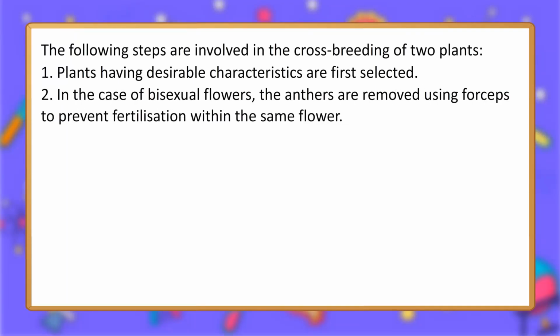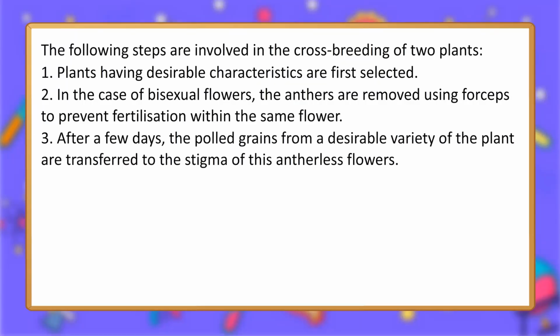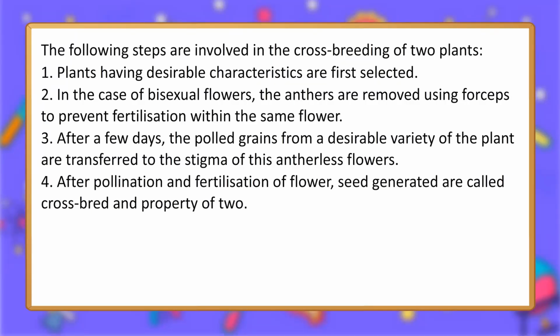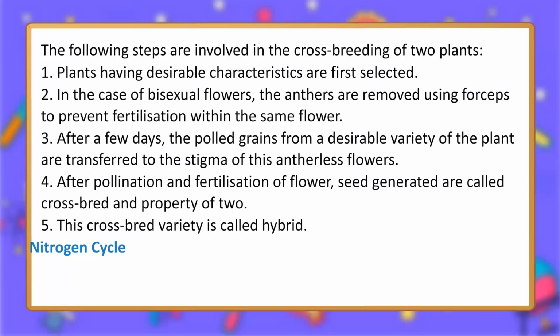In the case of bisexual flowers, the anthers are removed using forceps to prevent fertilization within the same flower. 3. After a few days, the pollen grains from a desirable variety of the plant are transferred to the stigma of these antherless flowers. 4. After pollination and fertilization of flower, seeds generated are called crossbred and have properties of both. 5. This crossbred variety is called hybrid.